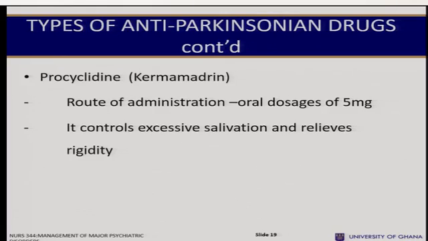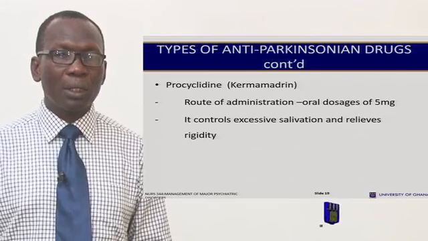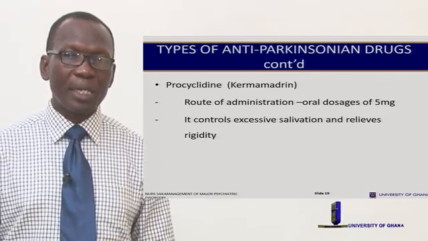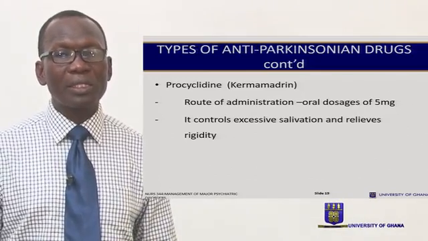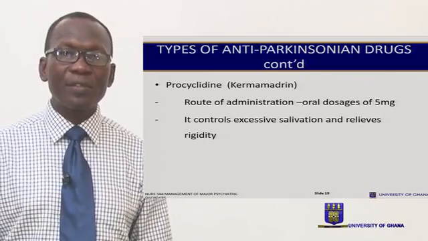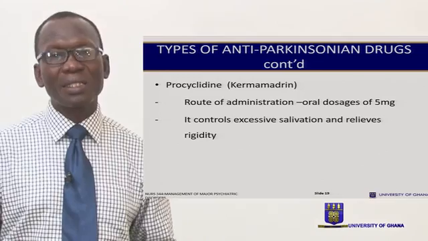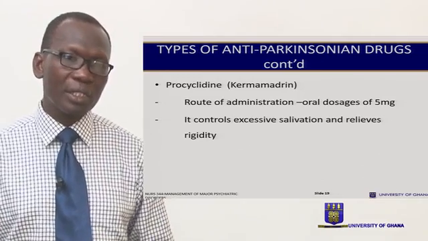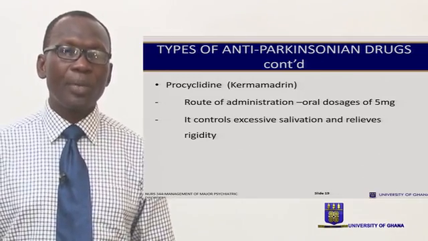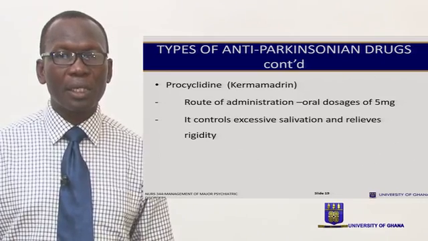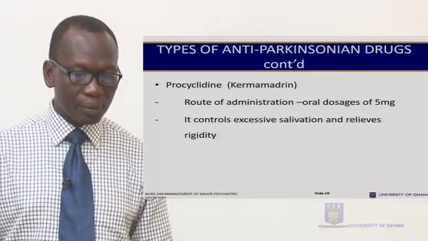The other drug I want us to look at is procyclidine, which is also given orally in the range of 5 milligrams. It controls excessive salivation and relieves rigidity. So when a patient takes a drug where there's excessive salivation and rigidity, the best drug of choice is procyclidine.